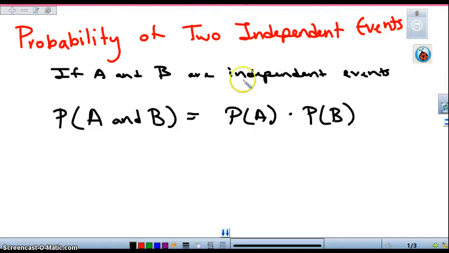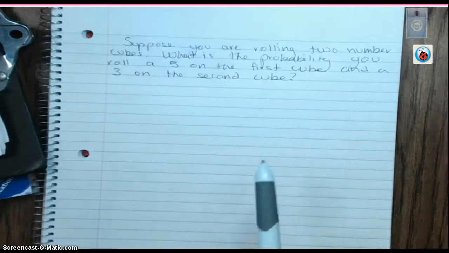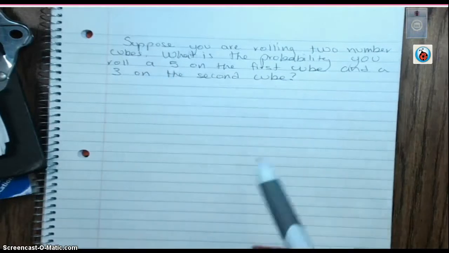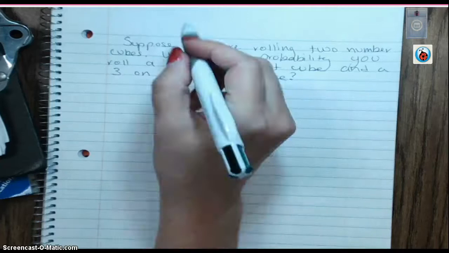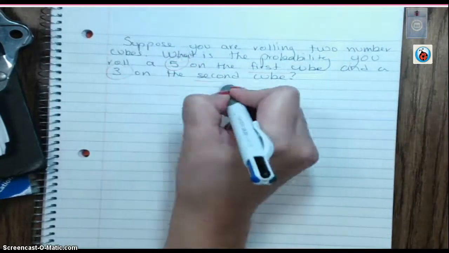If A and B are independent events, you find the probability of two independent events by multiplying the probability of each event. Suppose you are rolling two number cubes. What is the probability you will roll a 5 on the first cube and a 3 on the second cube?